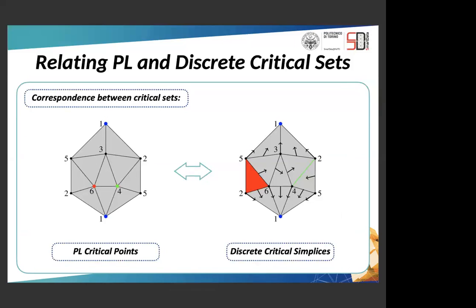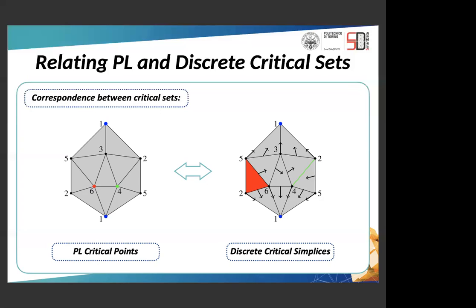An example just to visualize this correspondence: on the right we have a gradient which is relative perfect with respect to the function defined on the vertices that you see, and as you see there is a correspondence between critical simplexes depicted in blue, red, and green on the right, and PL critical points depicted with the same colors on the left.